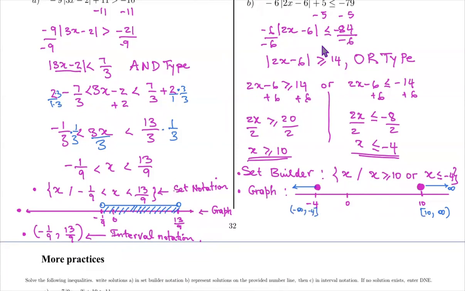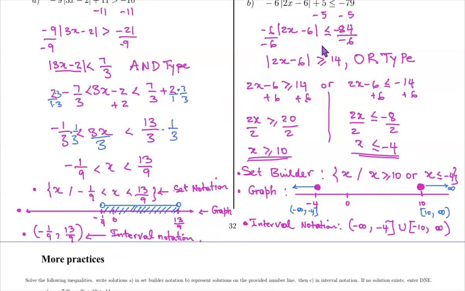which leads to the interval notation format of the solution, that is from negative infinity to negative 4 included, union from 10 to infinity.